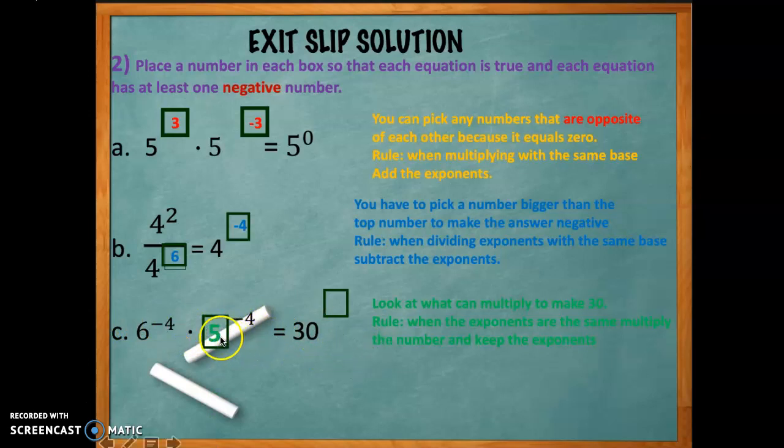But since these are different bases, because this comes out, you don't see a 6, you see a different base, that means my exponent is going to stay the same. Because with different bases, you multiply, but if it has the same exponent, you can keep the exponent. This is kind of hard to see, but that says negative 4. So just again, thinking about what is my outcome, what rules apply, and what numbers can satisfy that outcome.